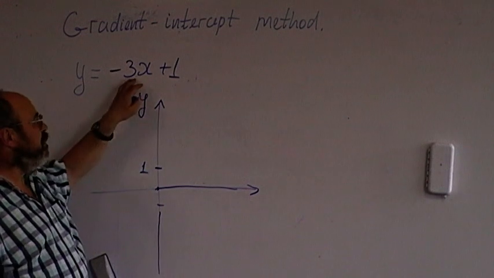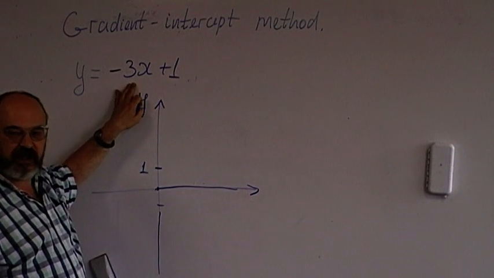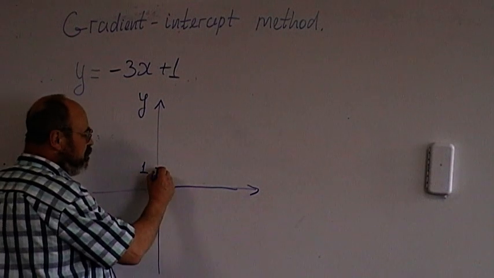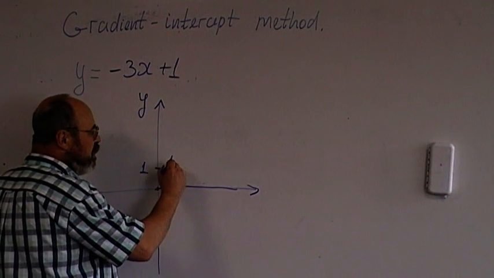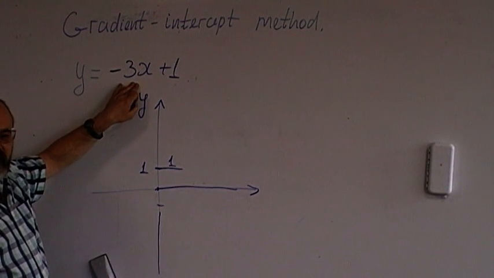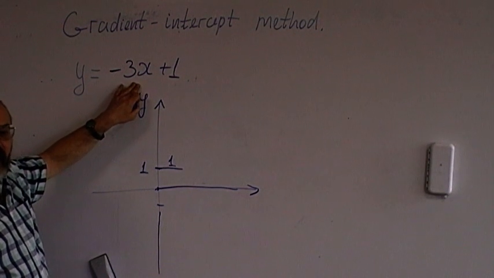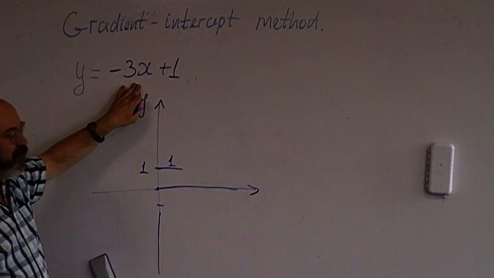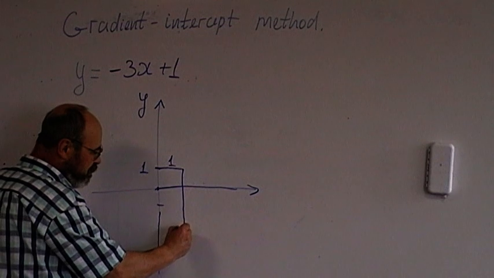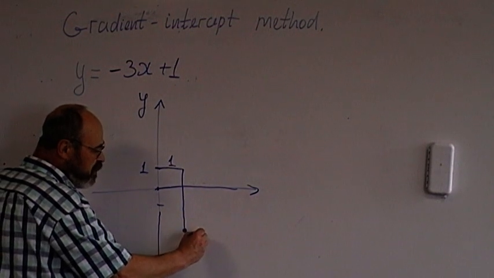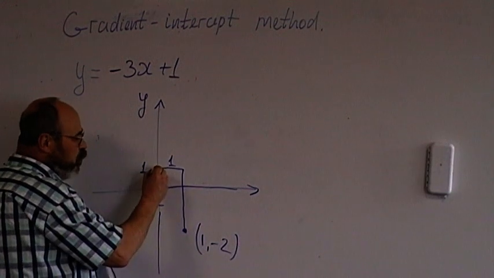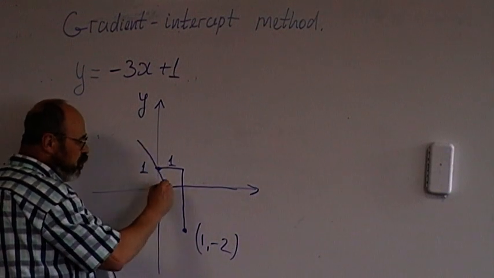And what is the gradient? Negative 3, which is a whole number, so we run by 1. And then what should we do? Going down by 3, to negative 2. This point becomes 1, negative 2. And we have 2 points, that's all we need to draw a straight line.